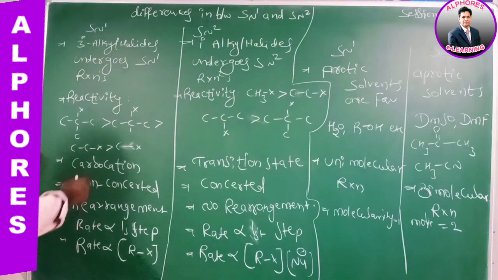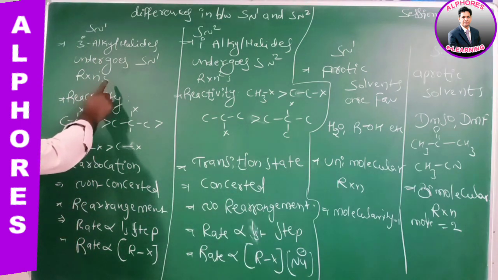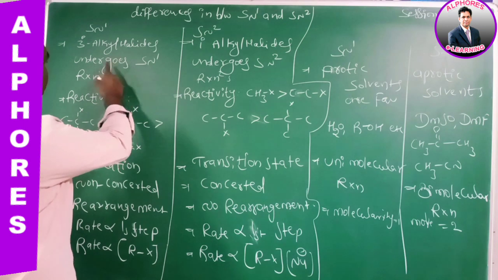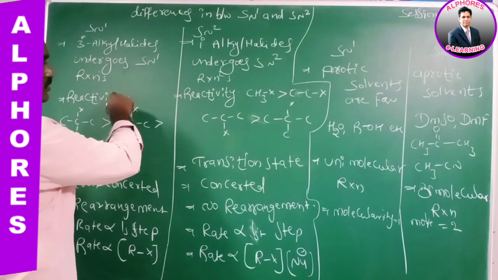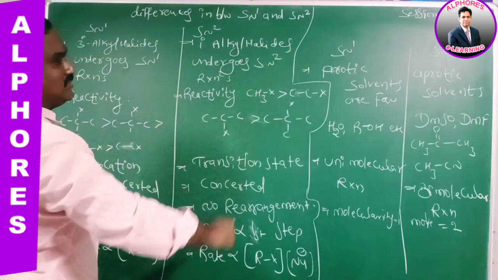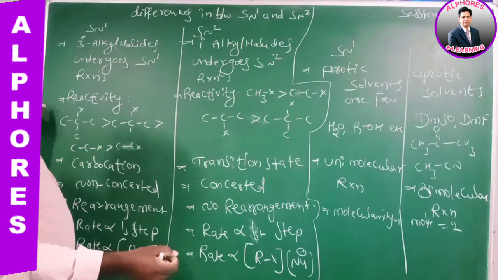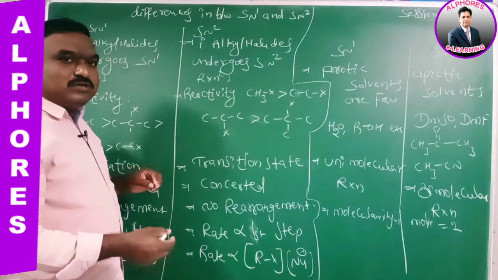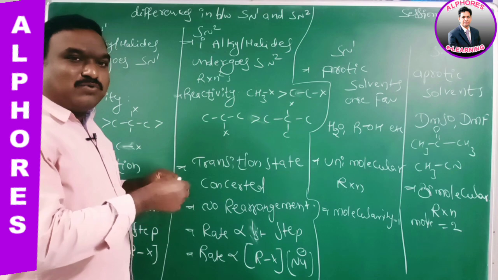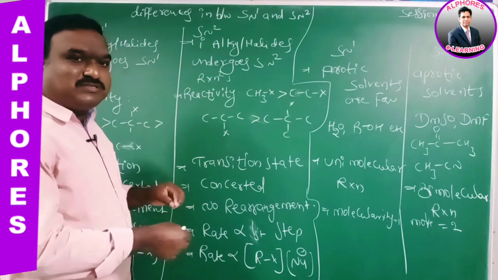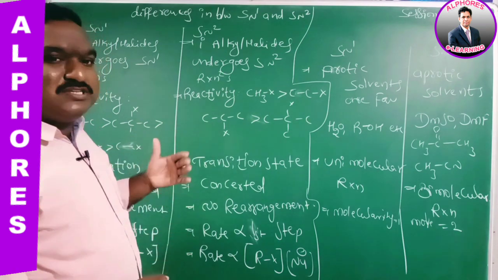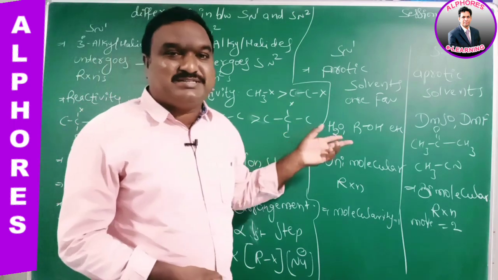Now, already I told you, unimolecular reactions proceed via a carbocation intermediate. In that reaction, since the carbocation is sp2 hybridized, rearrangement is possible.